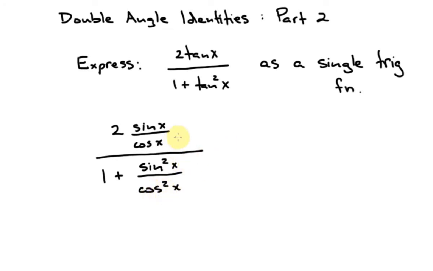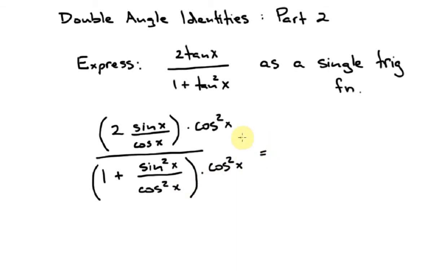I've switched out each tangent or tan squared, and I got sine over cos, or sine squared over cos squared. Now I see I've got some complex fraction stuff going on, so I'm going to multiply the top and bottom by cos squared. And that's going to get rid of all of these complex fractions.